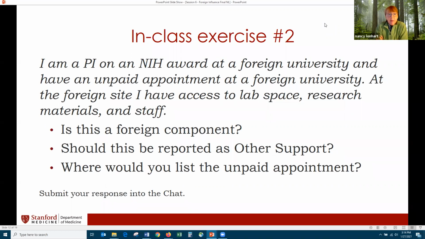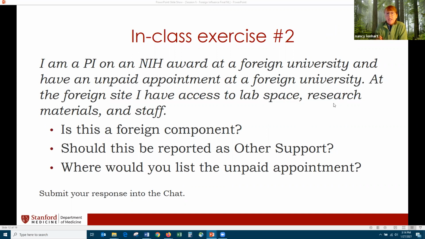Okay, so things to think about. Is this a foreign component? We've made it very clear. Obviously, it's a foreign component. The award is at a foreign university. Should this be reported as other support? Well, the PI is clearly telling you that they have access to lab space, research materials, and staff, and those are considered foreign resources.